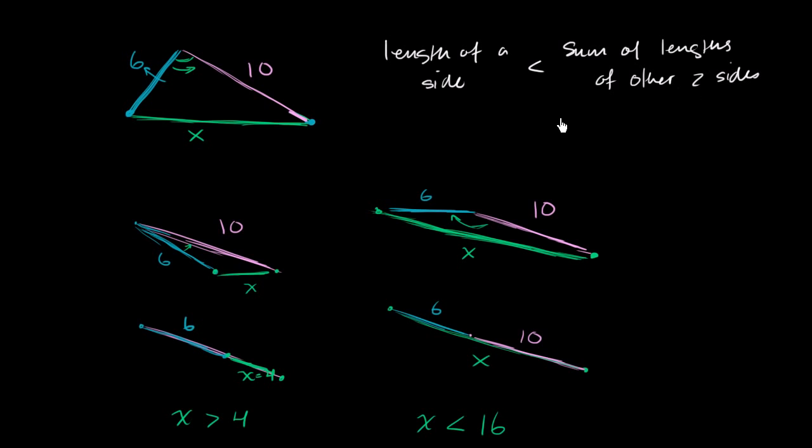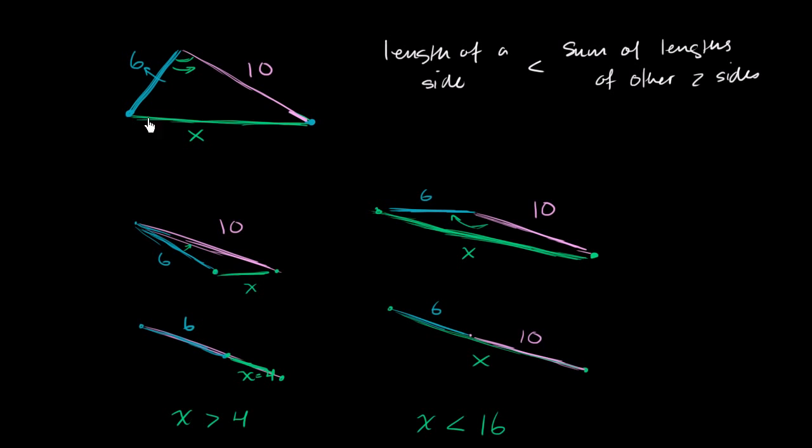If you're willing to deal with degenerate triangles, where you essentially form a line segment, you lose all your dimensionality, you turn to a one-dimensional figure, then you could say less than or equal. But we're just going to stick to non-degenerate triangles. So the length of a side has to be less than the sum of the lengths of the other two sides.